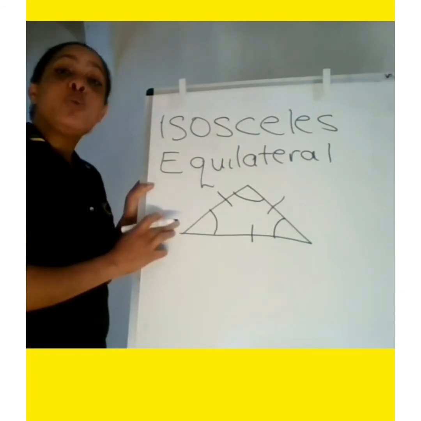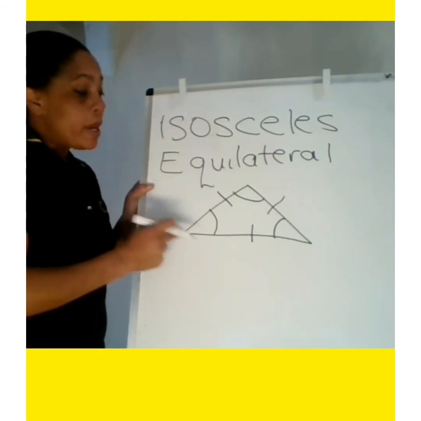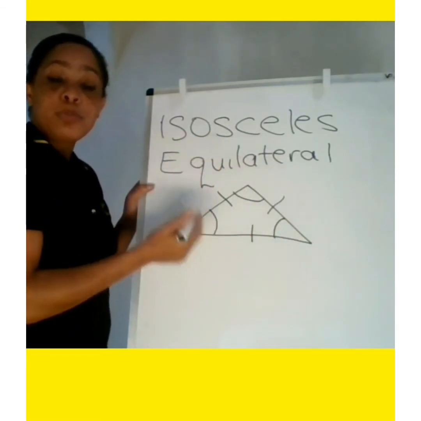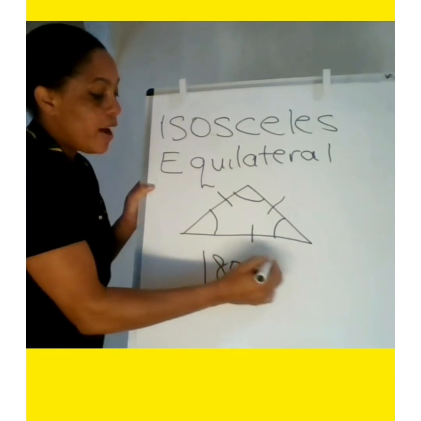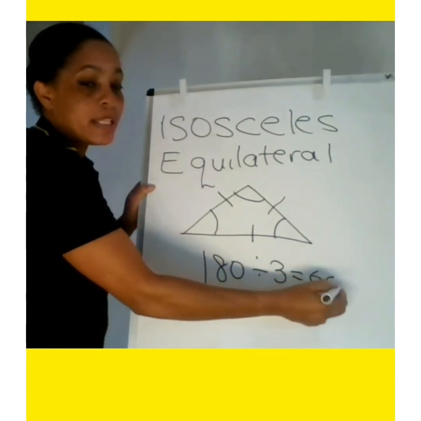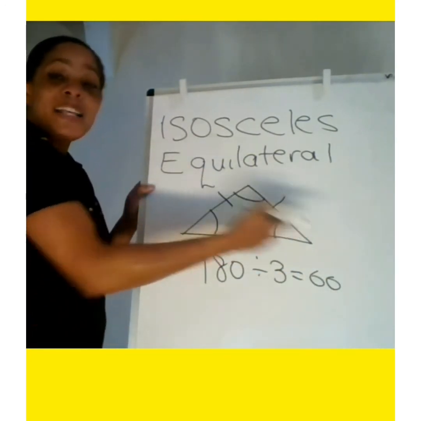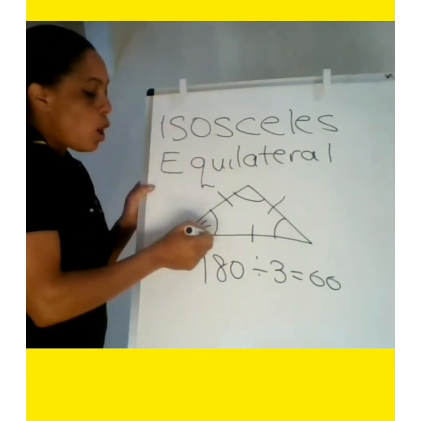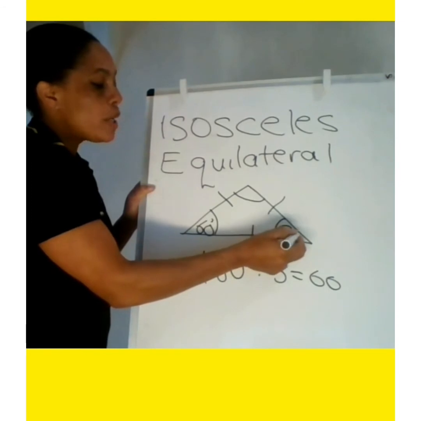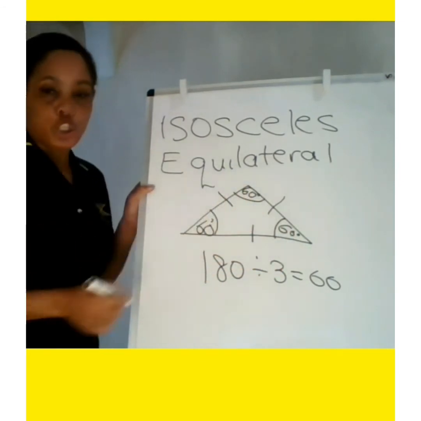In this case, we know what the angle is going to be. Because if angles in a triangle add up to 180 degrees, if I have 180 divided by 3, I'm going to get 60 degrees. So in an equilateral triangle, all the angles are always going to be 60 each.